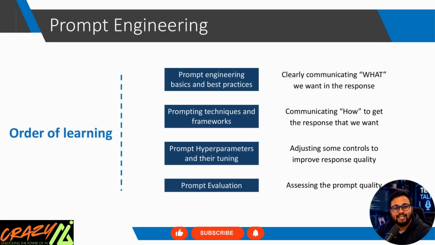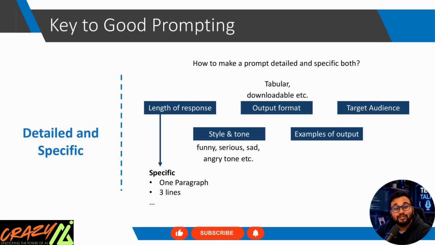Before learning advanced techniques, let's first understand the foundation of every good prompt. One of the biggest misconceptions about prompting is that longer prompts are automatically better. In reality, a good prompt must be both detailed and specific. When creating prompts, consider several important elements. First, define the desired length of the response.